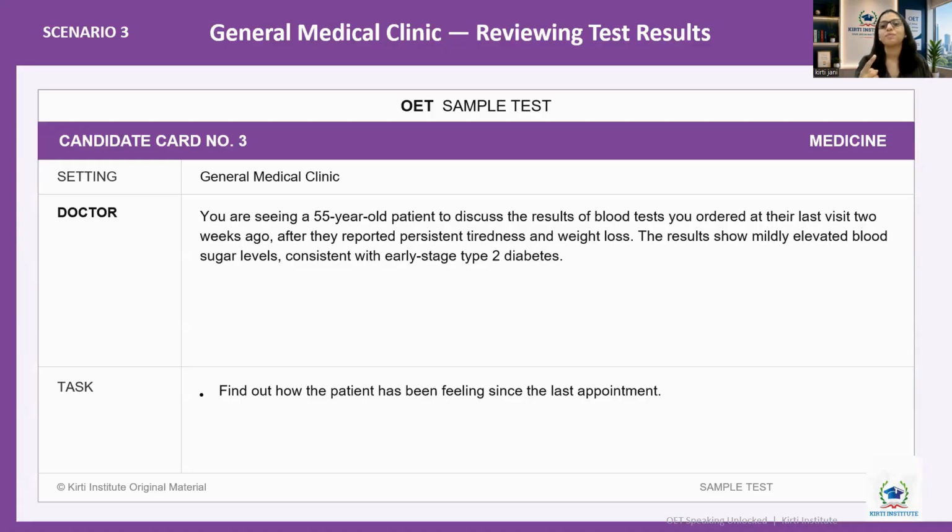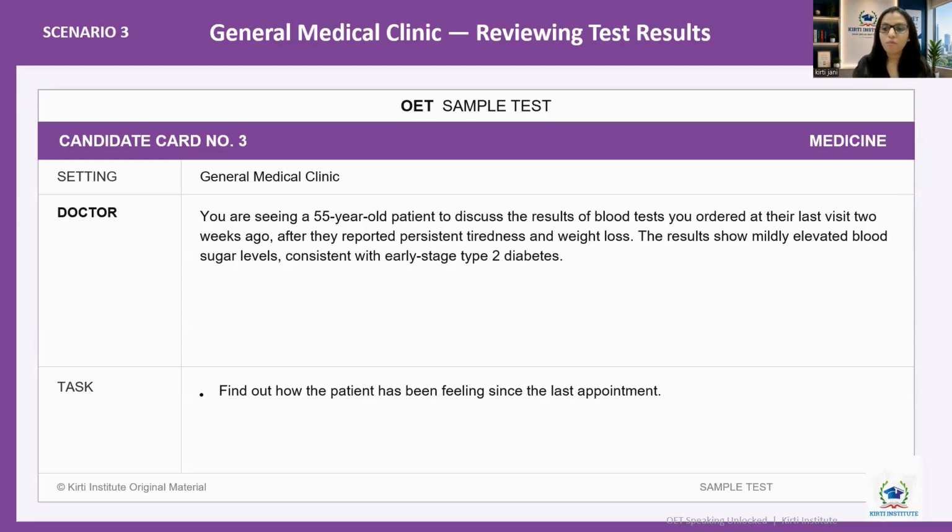55-year-old patient, you ordered the investigations in the last visit that was 2 weeks ago. This clearly indicates that you know the patient. After they reported persistent tiredness and weight loss, so these were the complaints in the last visit.